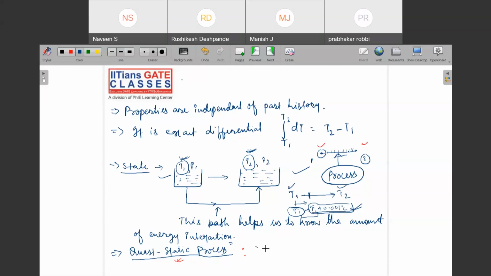So how can I say that a process is quasi-static? If it takes place infinitely slowly.